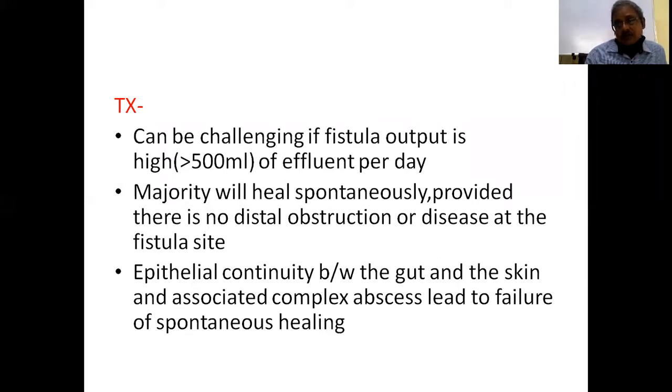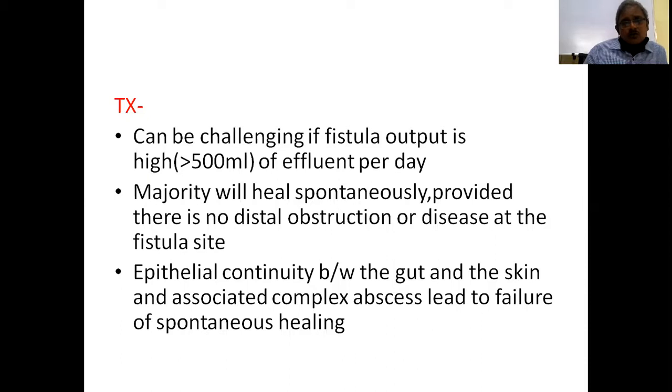This you must strongly remember, because whatever natural peristalsis of the small bowel is there, it tries to heal, provided there is no distal obstruction or disease at the fistula site. If the primary cause is something like radiotherapy with scarring in the small bowel or stomach, or there is malignancy, it is unlikely to heal.